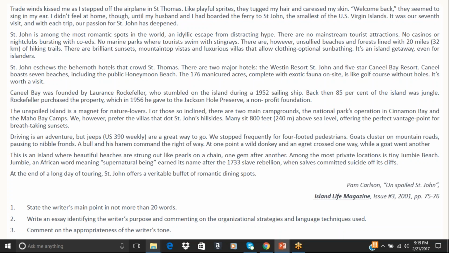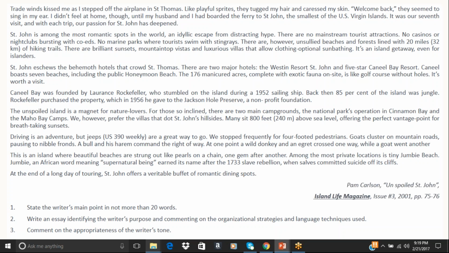For those so inclined, there are two main campgrounds, the National Parks operation in Cinnamon Bay and the Maho Bay camps. We, however, prefer the villas that dot St. John's hillsides. Many sit 800 feet, 240 meters, above sea level, offering the perfect vantage point for breathtaking sunsets.